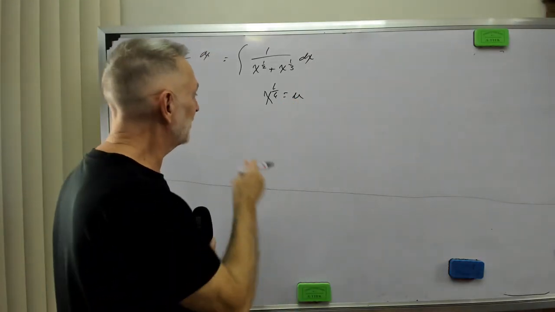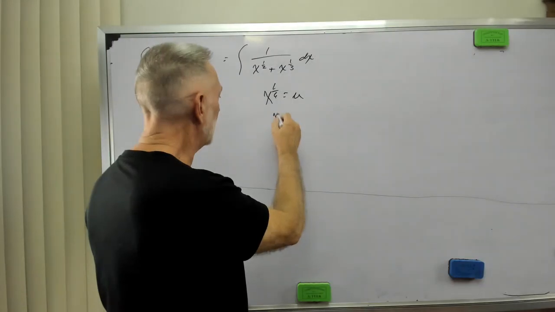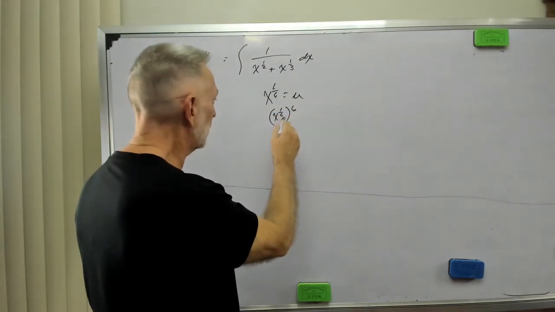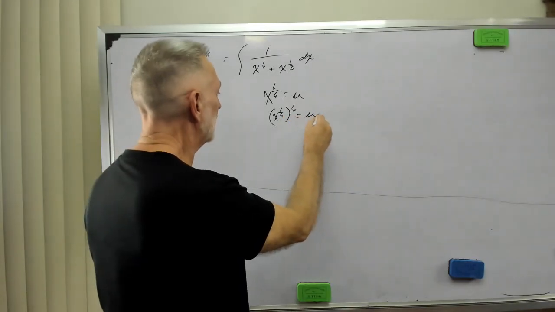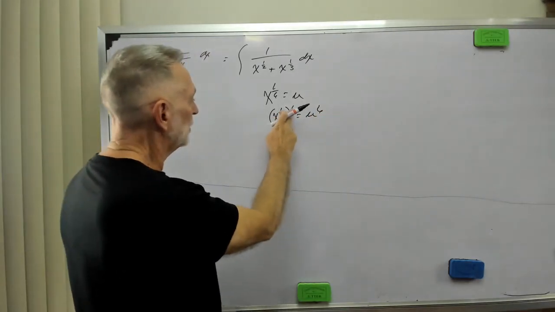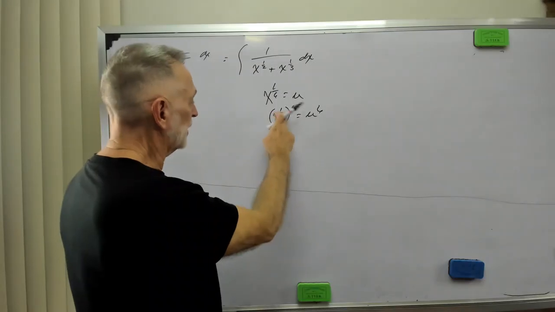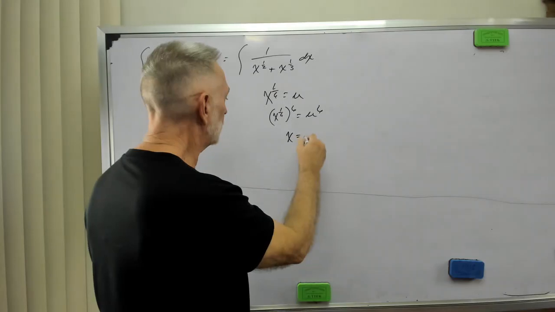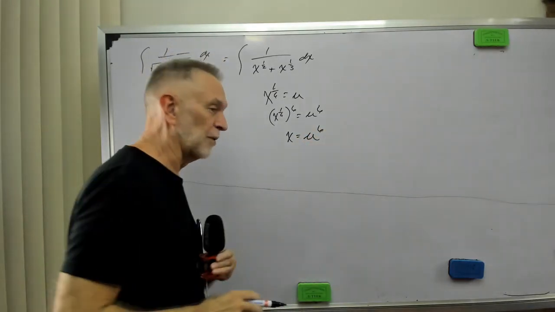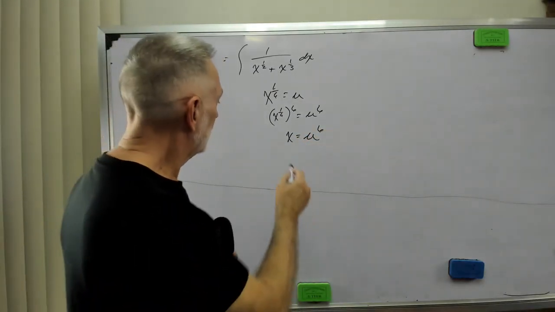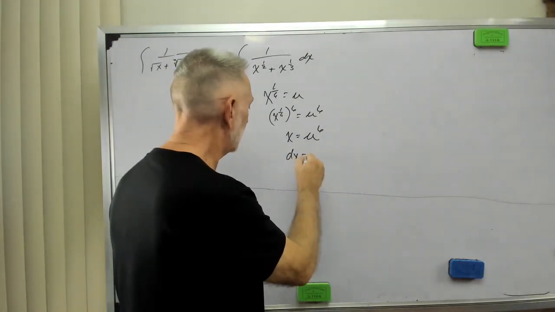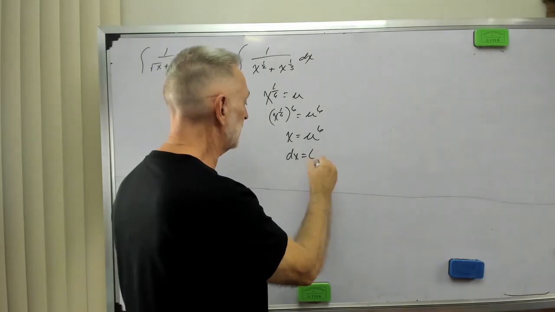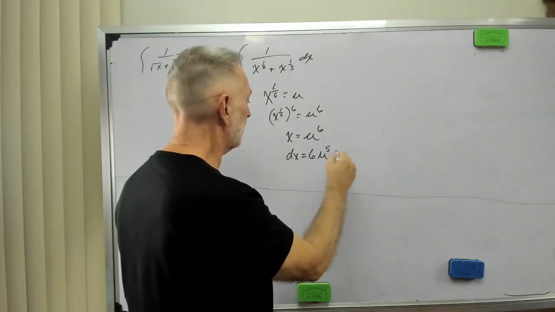If I raise both sides to the 6th power, x to the 1/6 raised to the 6 equals u to the 6. Well, 6 times 1/6 is 1, so I have x equals u to the 6th power. Now dx, the derivative of u to the 6th, would be 6u to the 5th du.